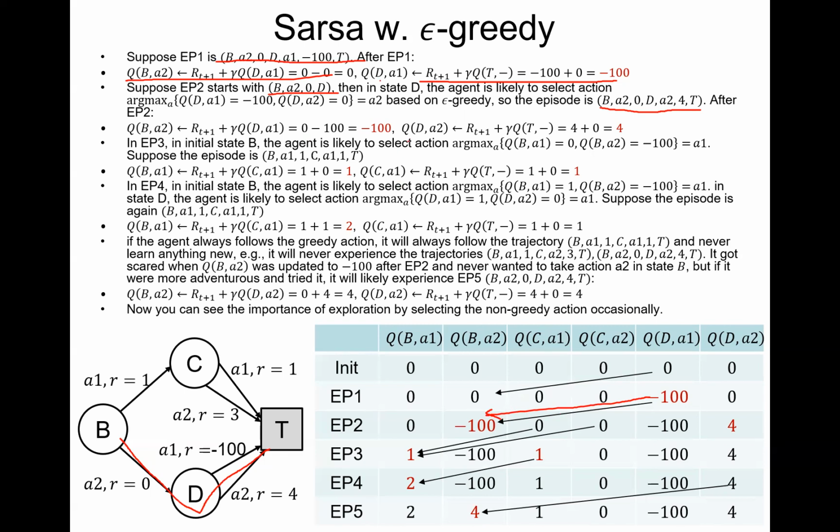And QDA2 is updated, bootstrapped from the terminal state, which is 4. So you can see there's a kind of a lagging effect. The previous update to the QDA1 affects the current update to QBA2.